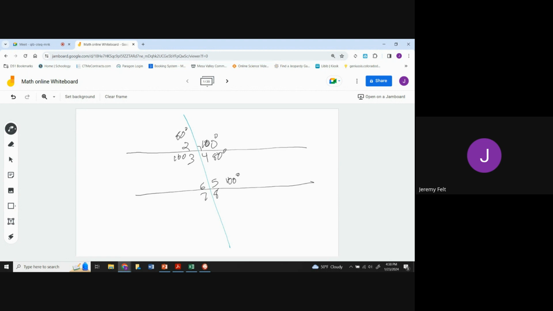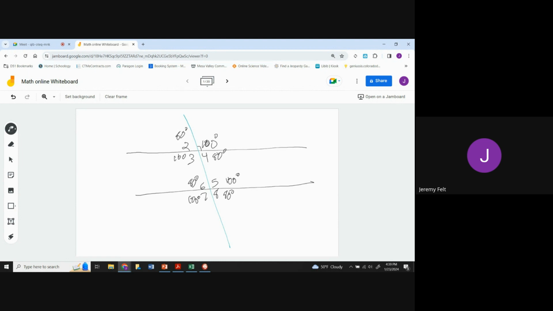Alternate exterior, that would be angle 7, so that also has to be 100 degrees. And then corresponding with 4 is 8, because from the intersection it's down and right. And then alternate interior, 4 and 6 are alternate interior angles, so it also has to be 80.